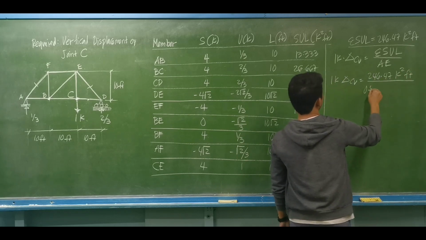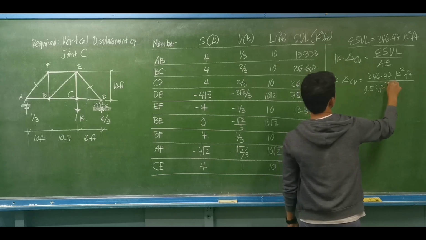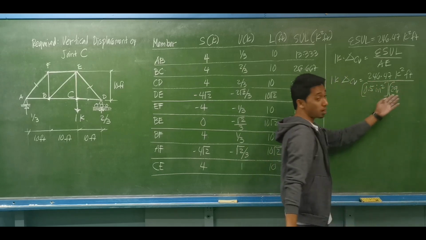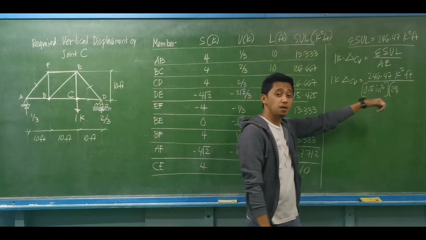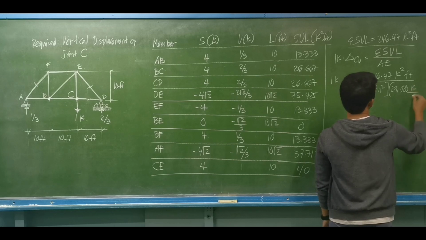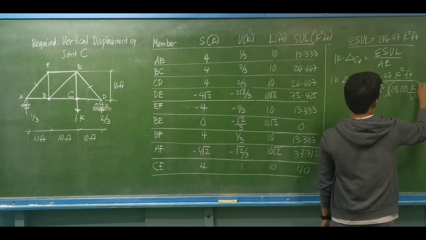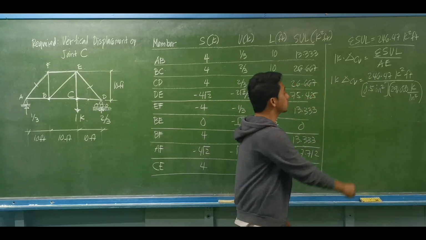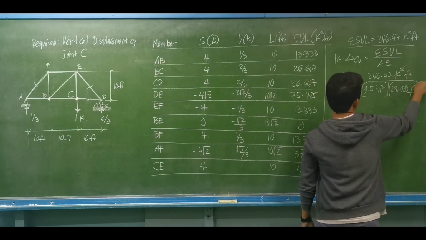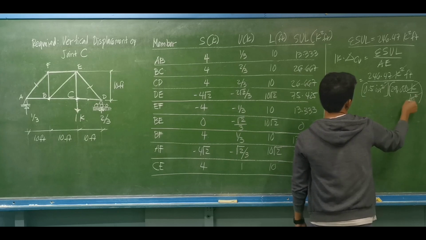The area given is 0.5 square inch, multiplied by 29,000 ksi, or 29,000 kips per square inch. If we do unit analysis, the kip cancels, kips squared cancels, and square inch cancels.